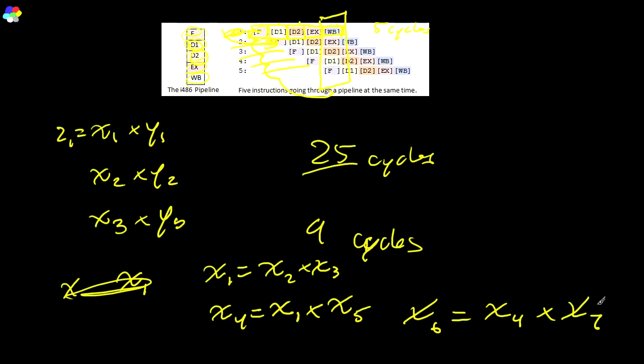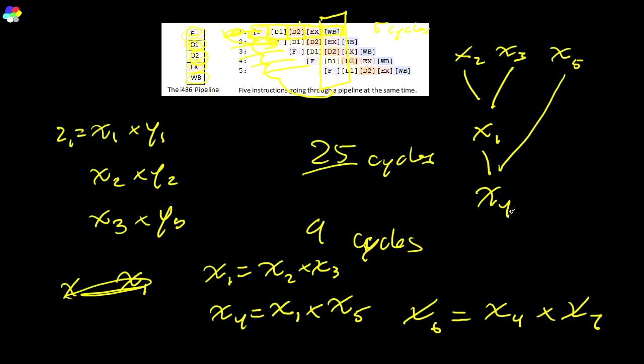The numbers are weird, but you get the idea here. You multiply x2 and x3 together to get x1, and then you've got an x5, you multiply that with x1 to get x4, and then you've got an x7, you've got to multiply that by x4 to get x6.